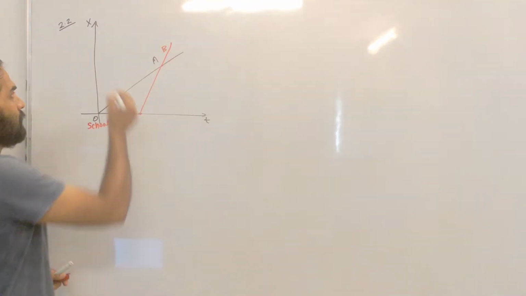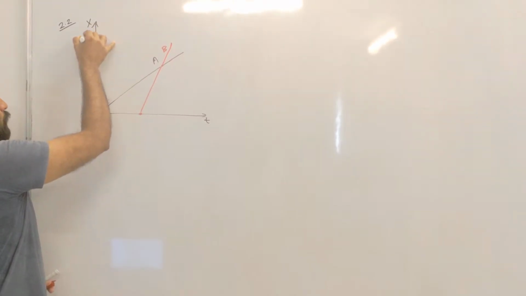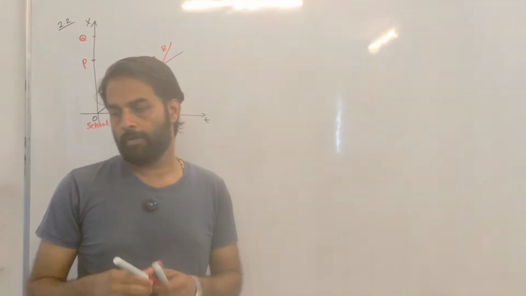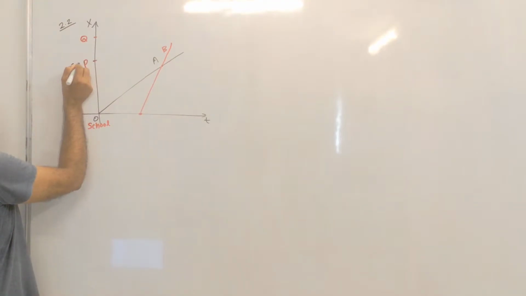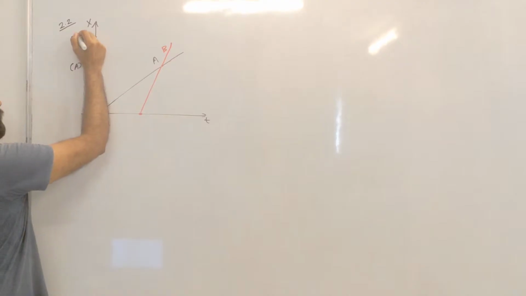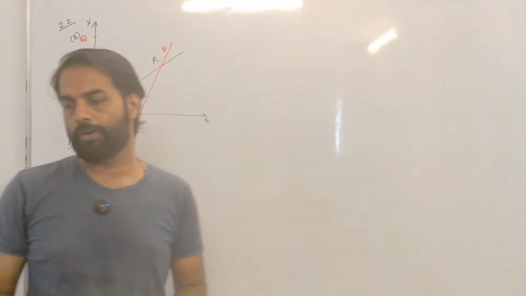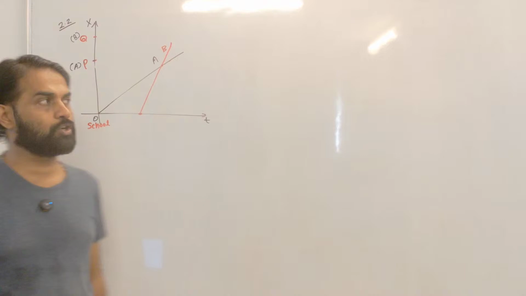So you can see that you have a P on the graph and you have a Q on the graph. So who is near to the school? This is the house of A and this is the house of B. So first question, Isabella, who is nearer?